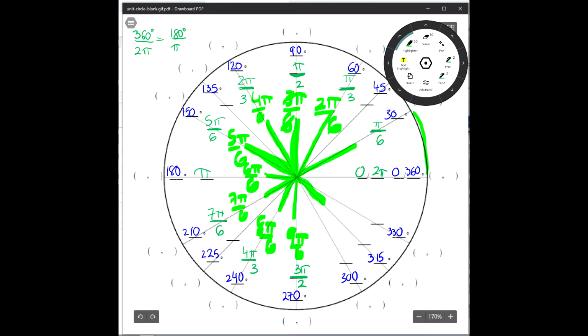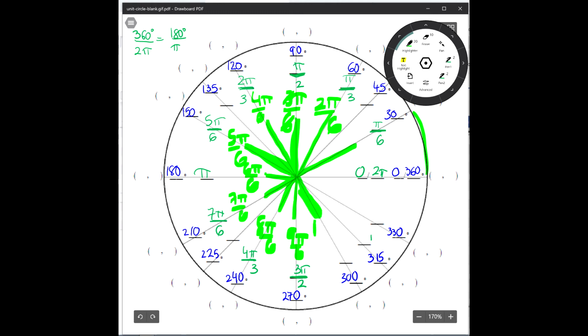Next chunk will be 10 pi over 6. If I reduce it by 2, I get 5 pi over... Wait, wrong place. Sorry guys, wrong place. Right here. Each chunk is 30 degrees, yeah.